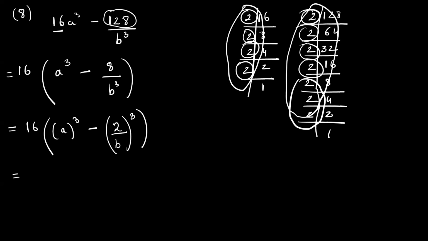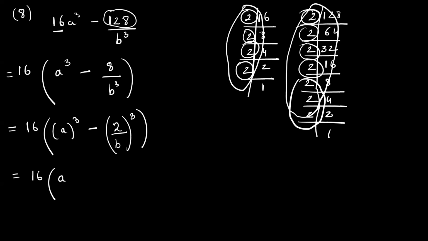Now sir, tell me what is the formula of a cube minus b cube? First bracket A minus B. Second bracket A square plus AB plus B square. Okay. So 16 as it is. So when you say a minus b, what do we write here?